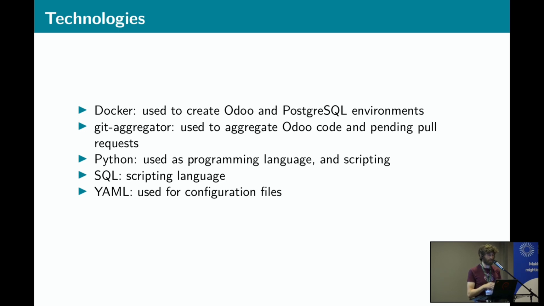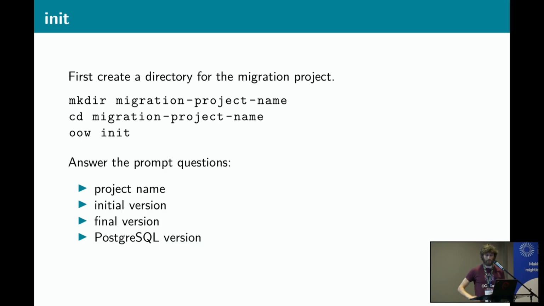The OpenUpgrade Wizard is written in Python, and obviously you need some SQL to script some pre-migration fixes and post-migration things, which we'll see later, and the configuration file is in YAML. I have no idea of the time, so I will leave this. Okay.